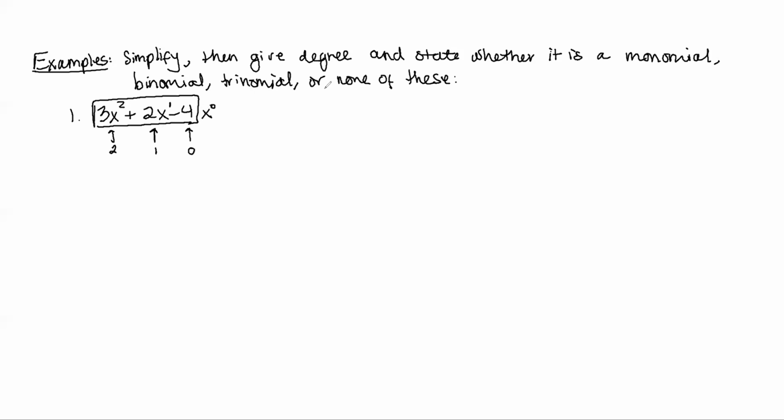So there's still technically a variable there, but we don't write it because it's not completely simplified unless we evaluate that 0 power. So our highest degree of any of these terms is 2. So our degree is 2. And then the type of polynomial, since there is 1, 2, 3 terms, we have a trinomial.